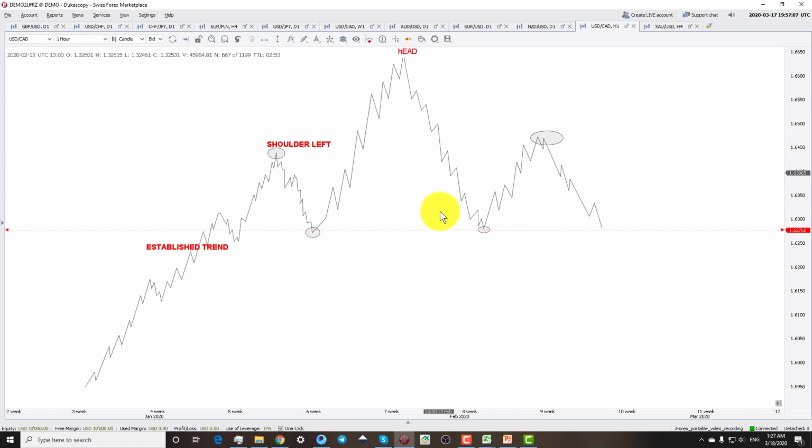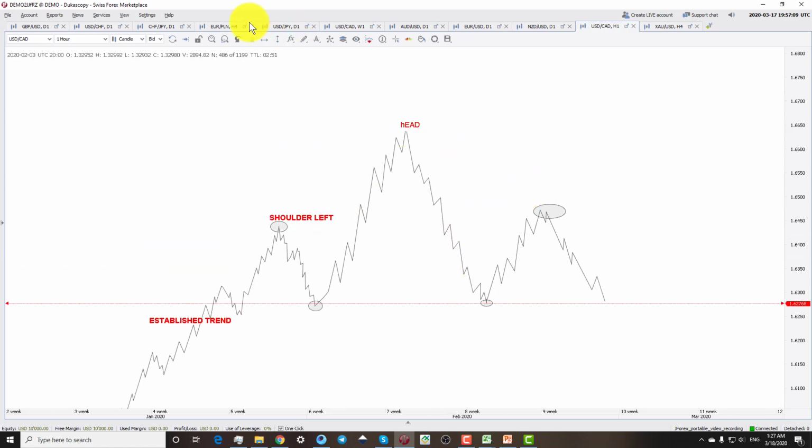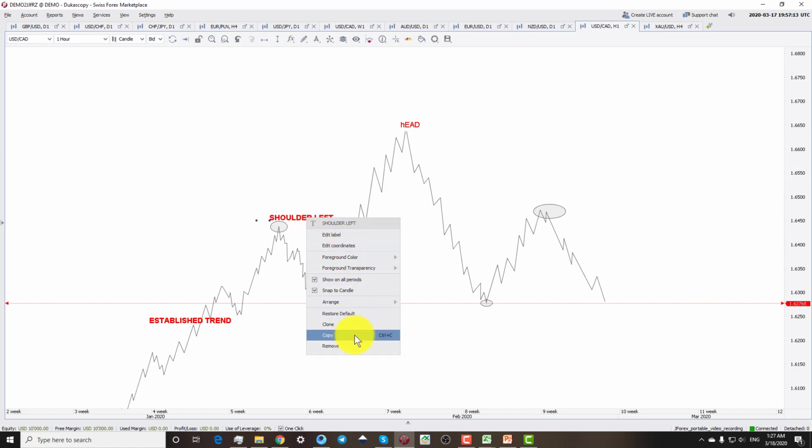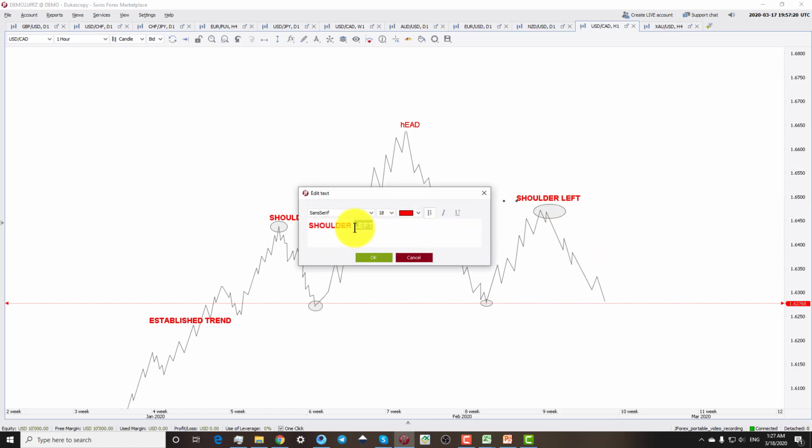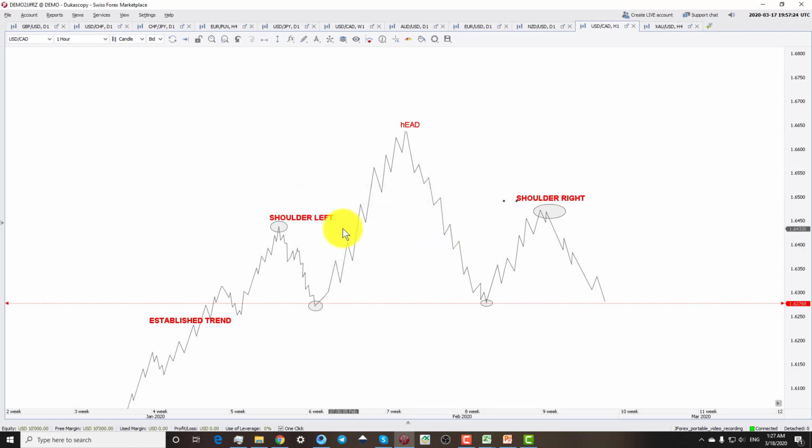So now we have got a shoulder, a head, and we also need a shoulder right. So we got a shoulder left, a head, a shoulder right.